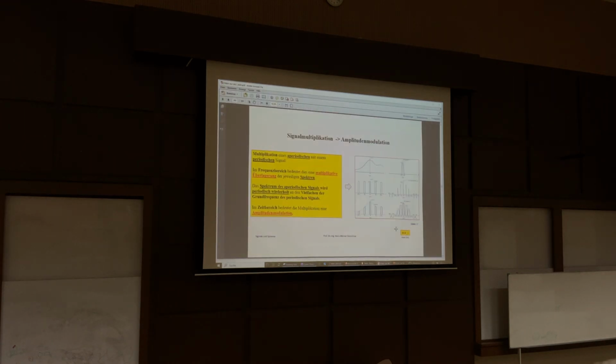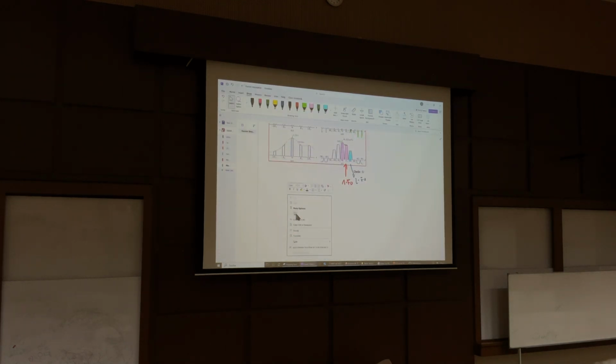And what does that mean now? The modulation, the signal multiplication, periodic plus aperiodic, that was the case which we had looked at.